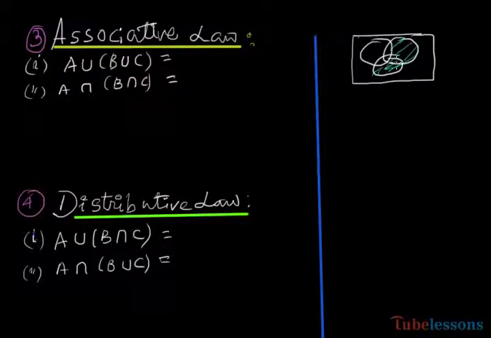This is our set B, this is set A, and this is set C, and this is the universal set.